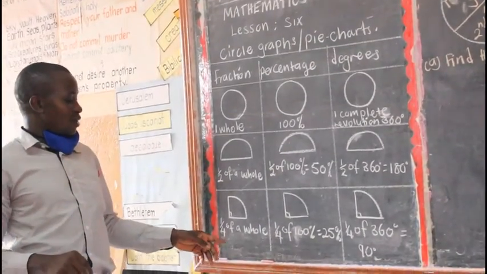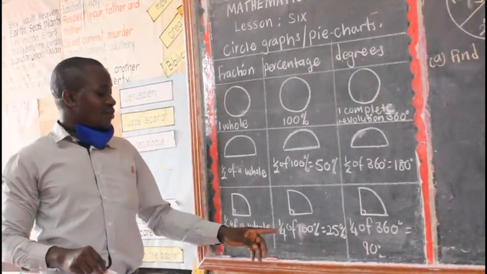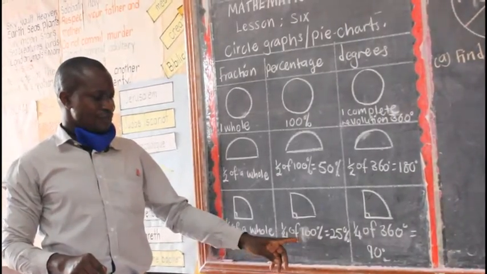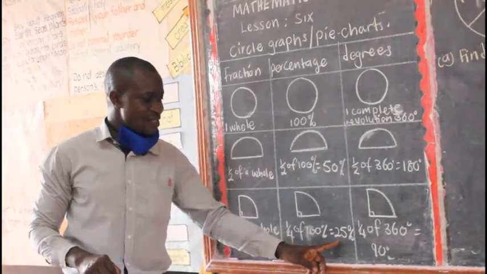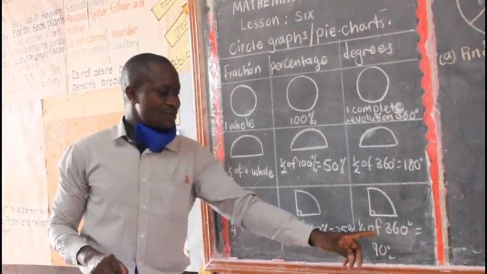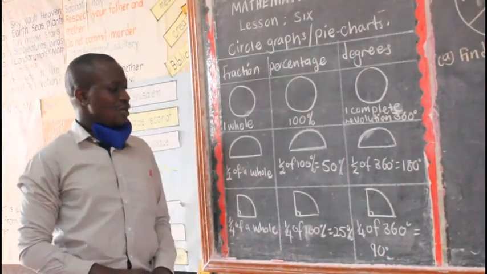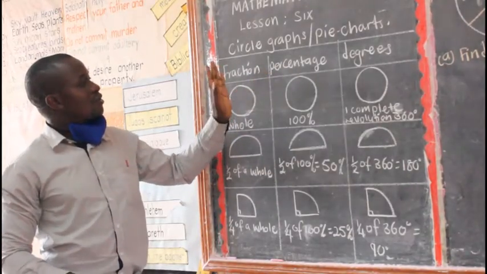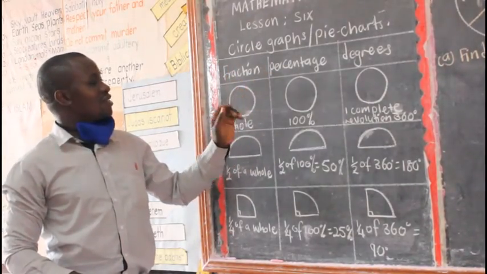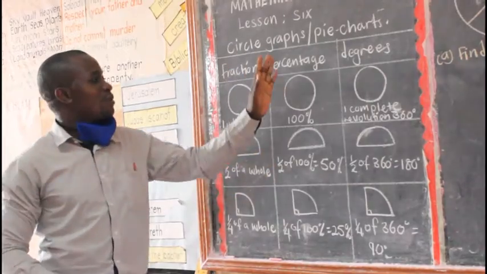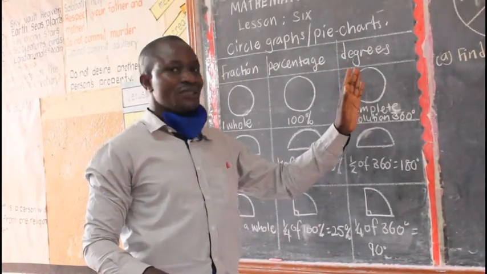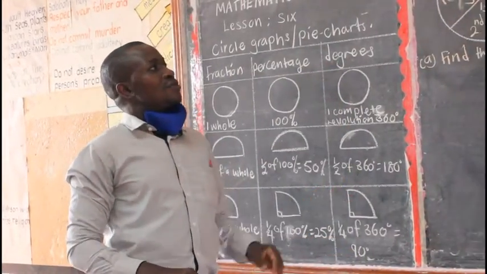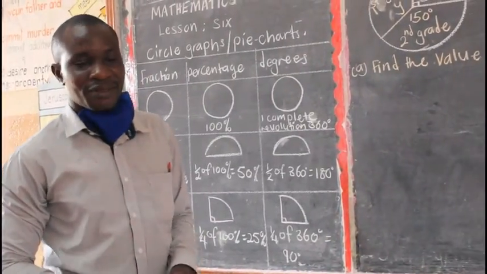Then a quarter of a whole: a quarter of 100% is 25%, and a quarter of 360 degrees is 90 degrees. So here we are talking of circle graphs in terms of a whole, percentages, and degrees. So let's look at example 1.